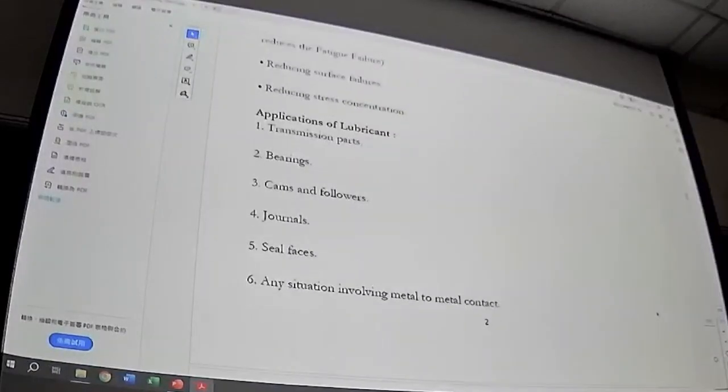In your textbook, you will see some additional examples of the application of lubricant in the journals or any situation involving metal to metal contact, especially in this case.